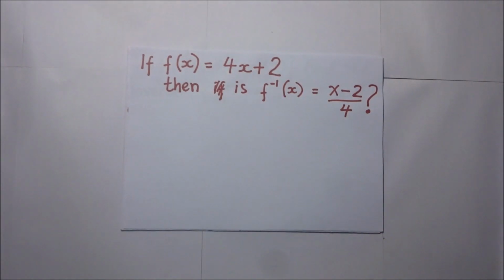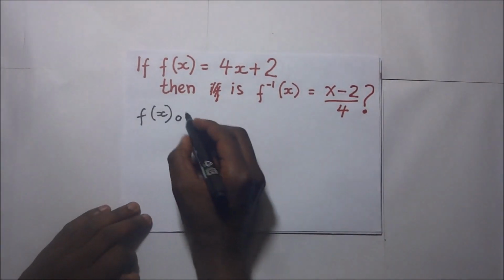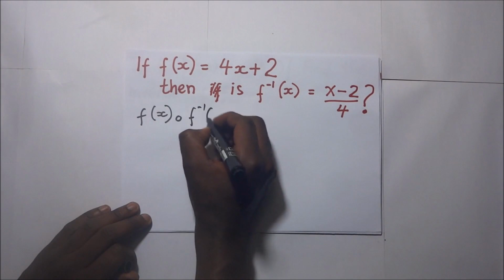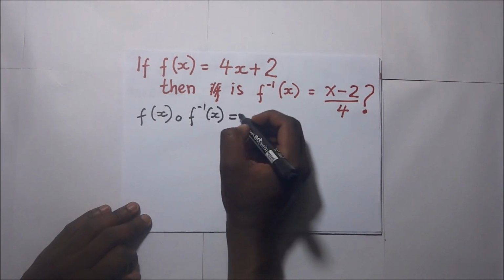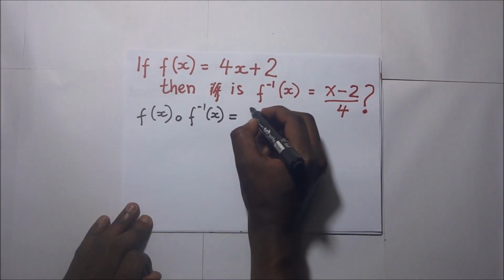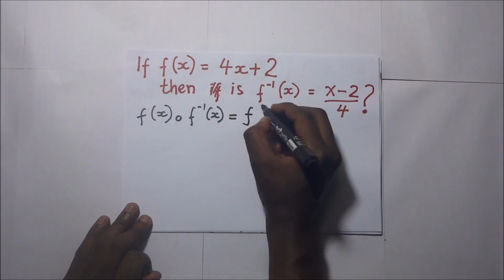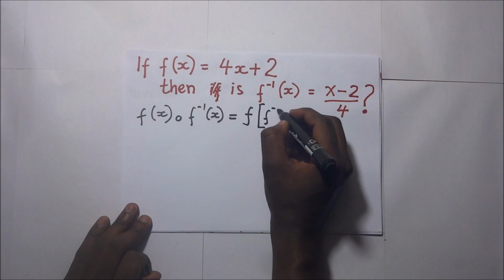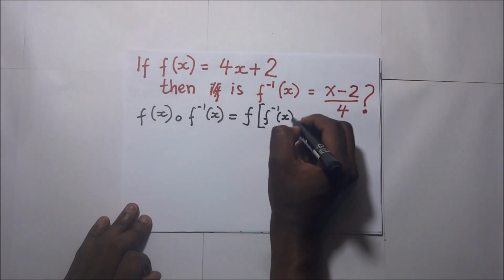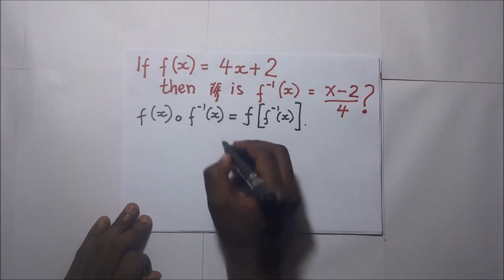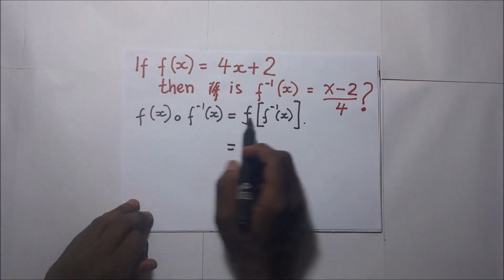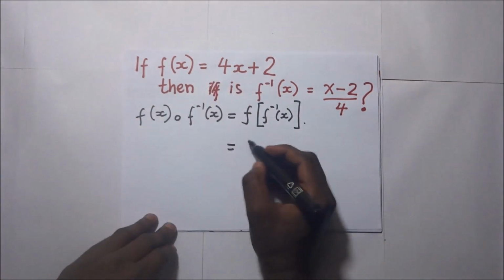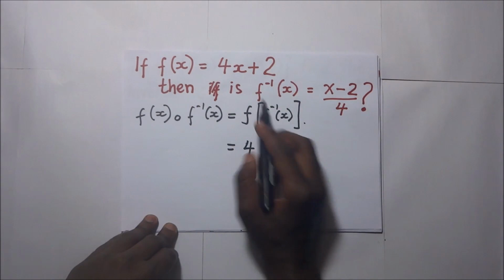So we get started with the working. f of x composite its inverse is interpreted as the function where the input is its inverse. We know that f of x definitely is 4x plus 2, so this is going to be 4 times x.